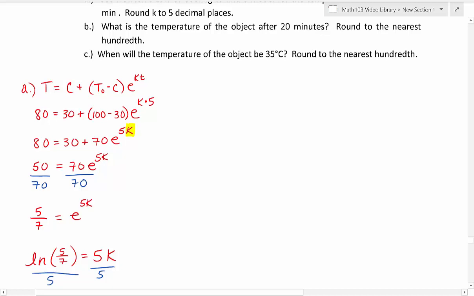Part B says, what's the temperature of the object 20 minutes after the fact? We'll round our answer to the nearest hundredth. So they're telling us to find the temperature, find capital T after 20 minutes. So we're plugging in 20 for little t.